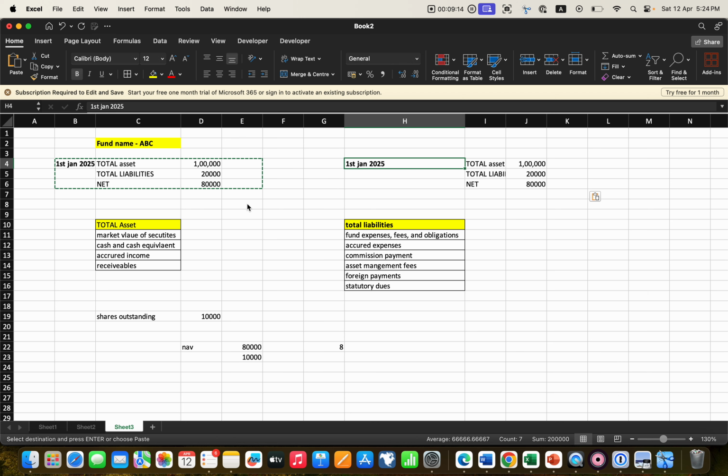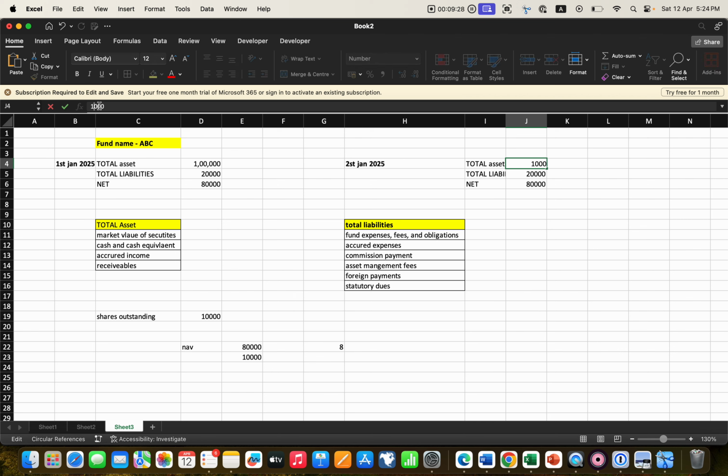For example, some security gets sold or some security gets added. So accordingly your balance will change. For example, your total assets will increase by 1,20,000, or your liabilities increase by 40,000. So accordingly your NAV will be checked.